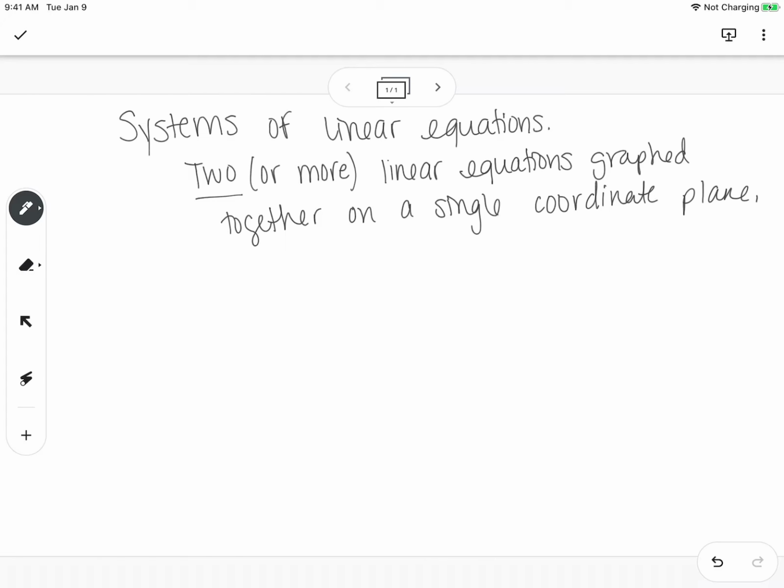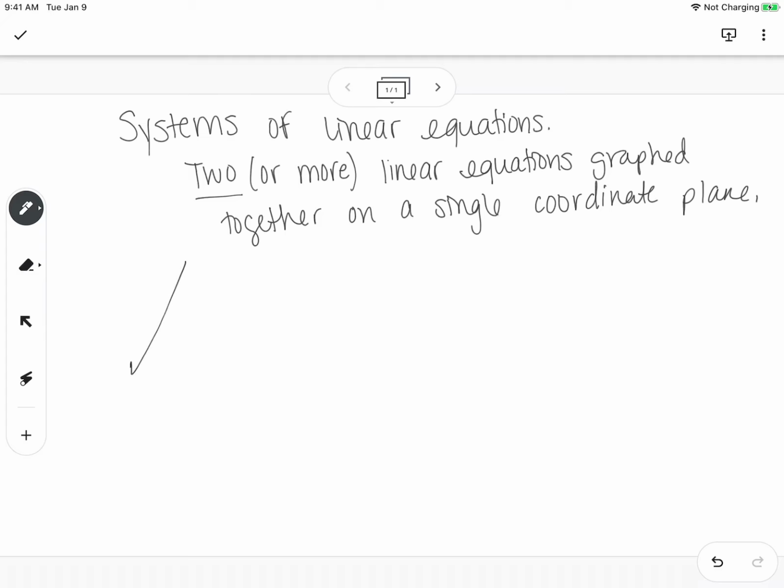And with systems, we can solve them graphically, or we can use substitution or elimination. We're going to do graphically with technology. In other words, we're going to graph it on a calculator or on Desmos, and that way we can find that intersection. But we also need to be able to solve these things algebraically.